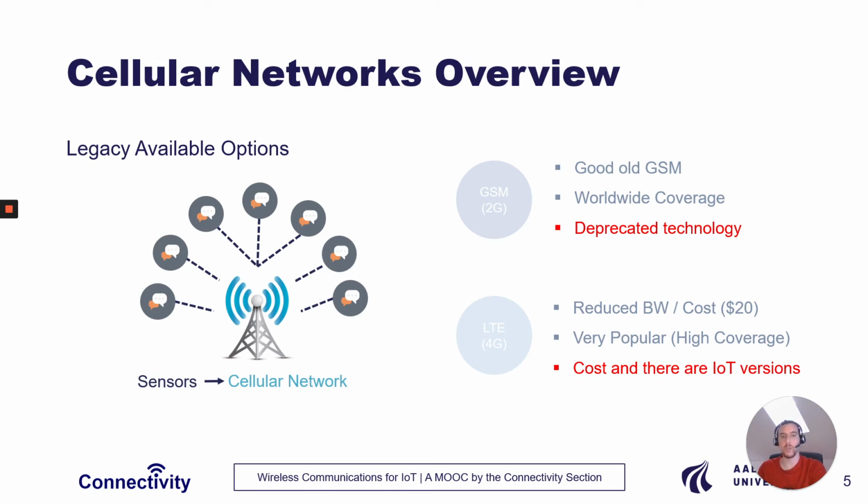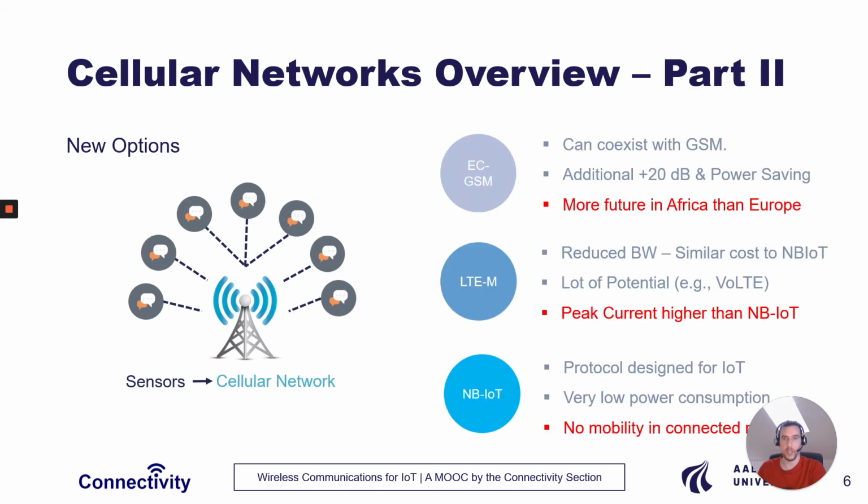What are the new options? These are technologies that started to be deployed a couple of years ago. It is again the same deployment type. You have the sensors connected to the cellular network, but the cellular network is now optimized for the Internet of Things. So that's why we have what's called extended coverage GSM, which is basically an evolution of GSM but with additional coverage, which is a very important characteristic, and better power saving.